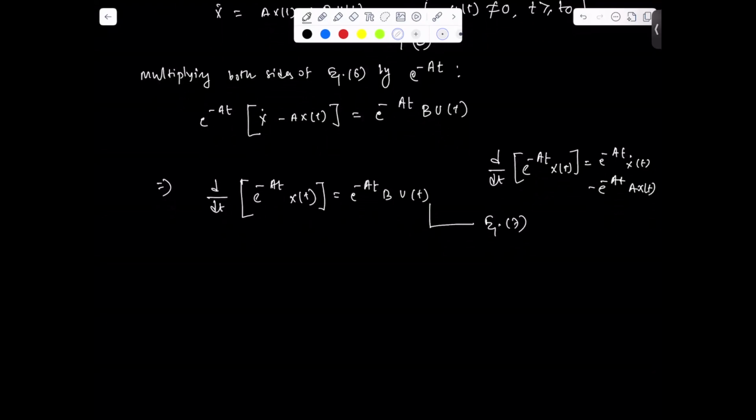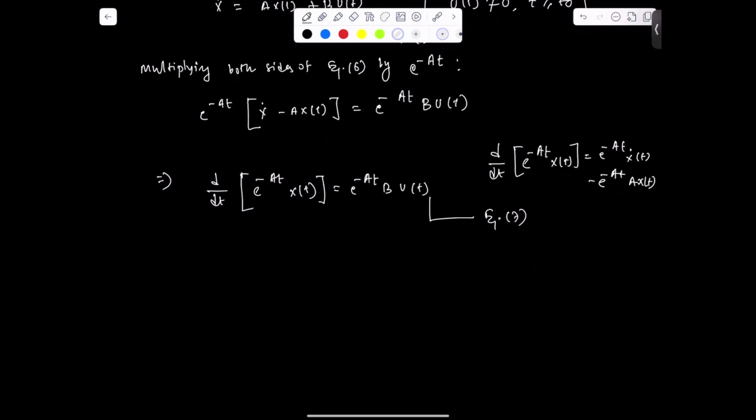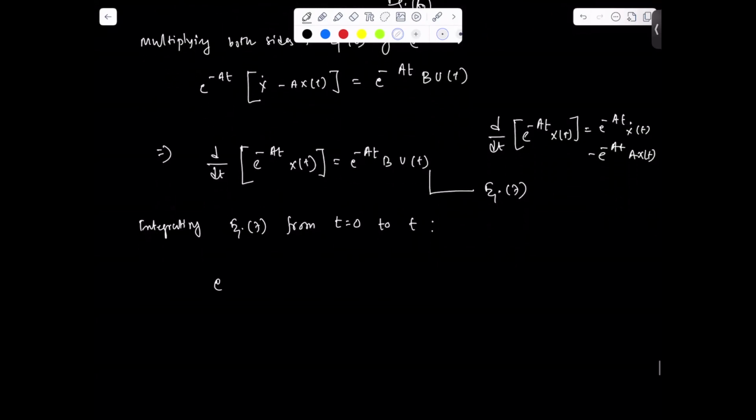Here, integrating equation 7 from t equal to 0 to t, we get e to the power minus At x of t minus x naught equal to the integral from 0 to t of e to the minus A tau, where tau is the variable, B u of tau d tau.